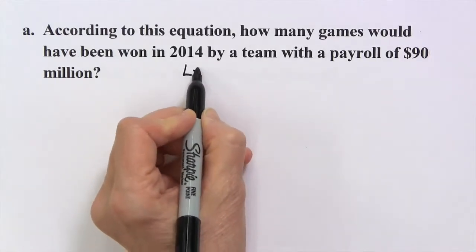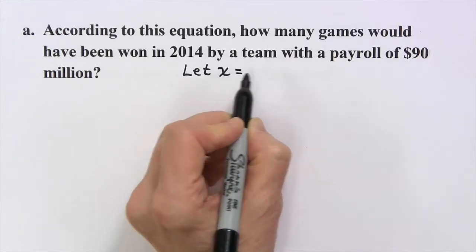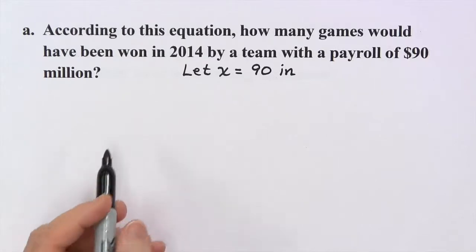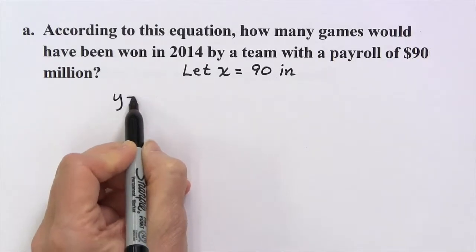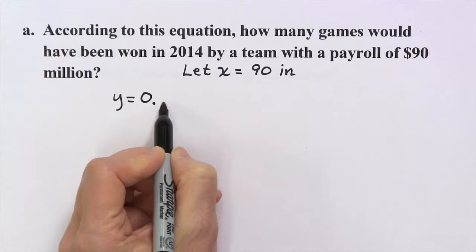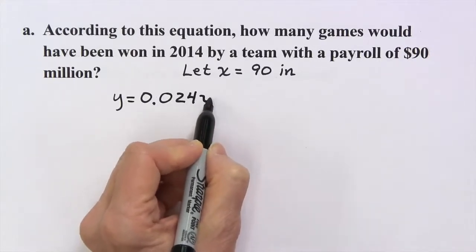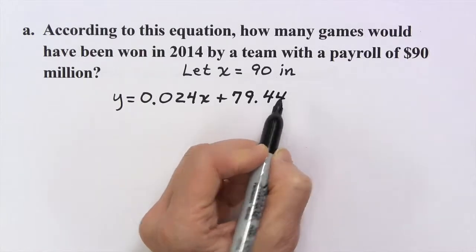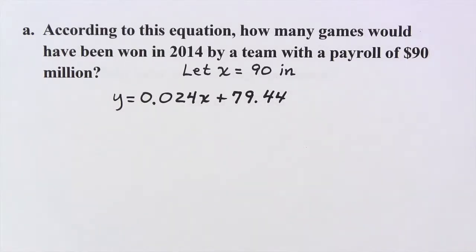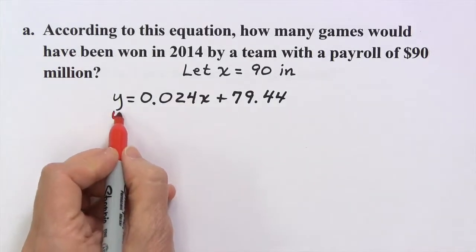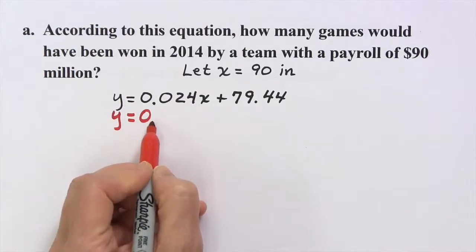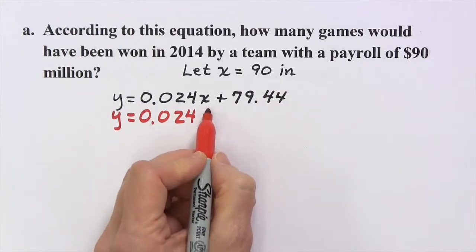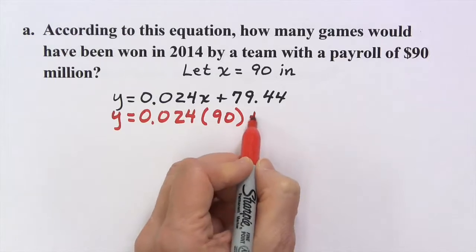So we're going to let X equal 90 in the equation given: Y is equal to 0.024x plus 79.44. That is given to us. Now we'll find Y when X is 90, because the payroll was given to us to be 90.